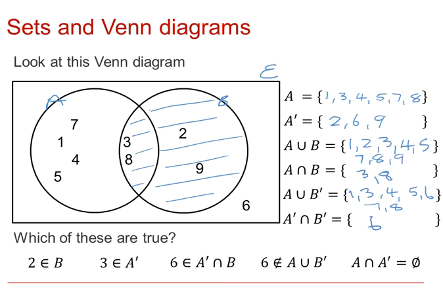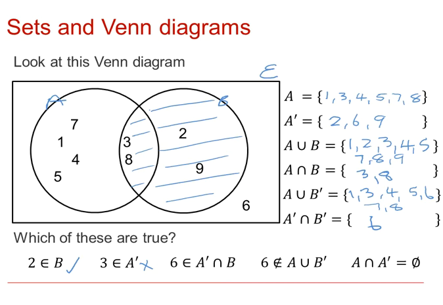We can therefore look at these statements and see which are true. So, is 2 in B? Yes. Is 3 in A not? No. Is 6 in A not intersection with B?